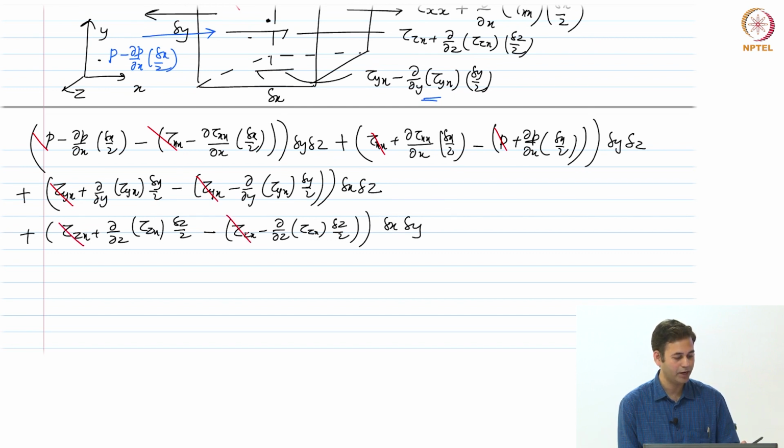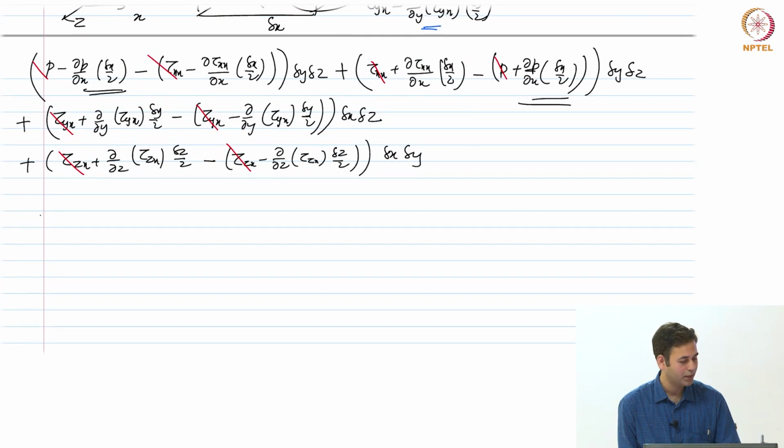So, we have two halves of partial p partial x terms here and here, they sum up to 1, and similarly all other terms come in pairs and sum up to 1. So, what we have as a result is minus partial p partial x, multiplied by delta x delta y delta z, which I am not writing at the moment.